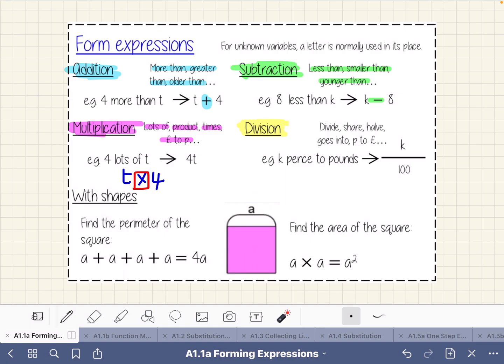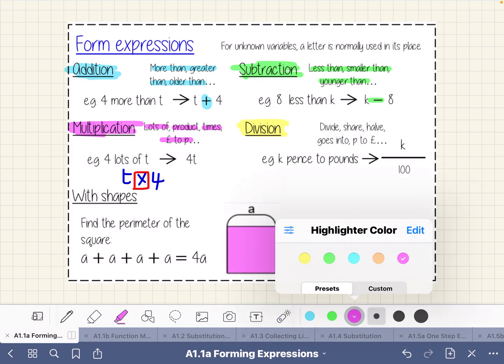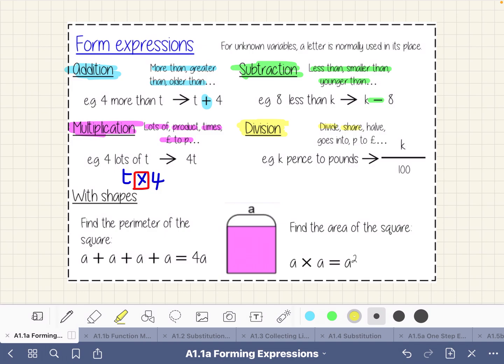For division, we look for the words divide, share, halve, goes into, or if we are converting from pence to pounds. In this case, we quite often use a fraction line to show the division is occurring. If we were to write this in the same way as we did our multiplication, we would start by writing the letter K. And because K is in pence, and we would like it in pounds, we know there are 100 pence in £1.